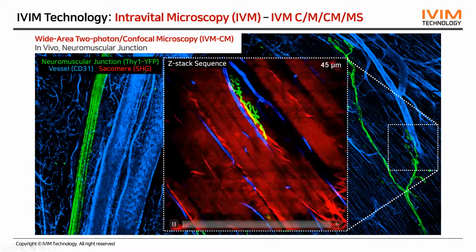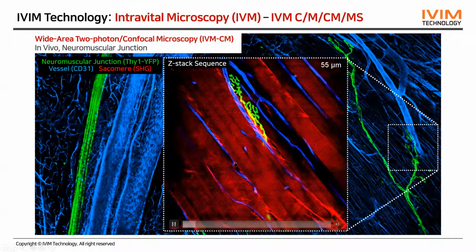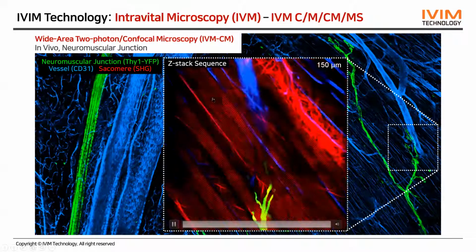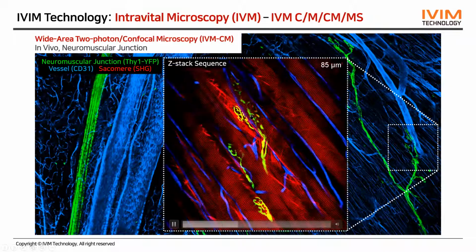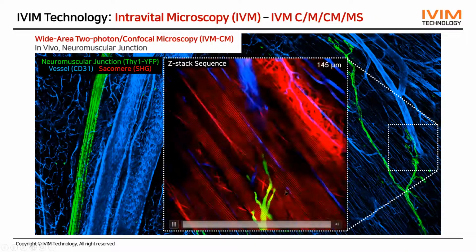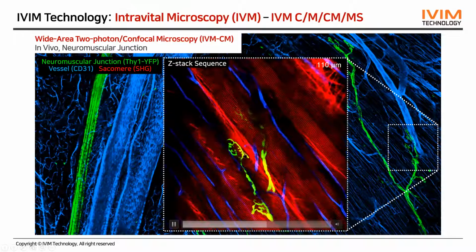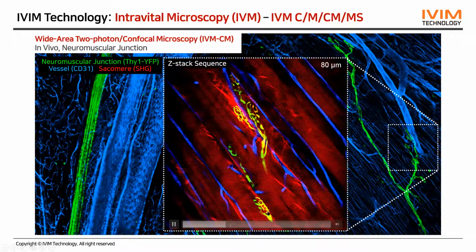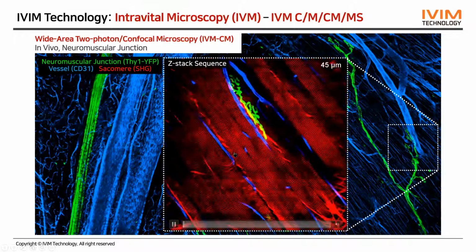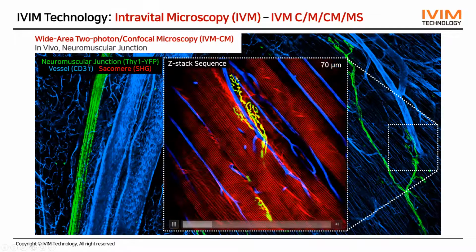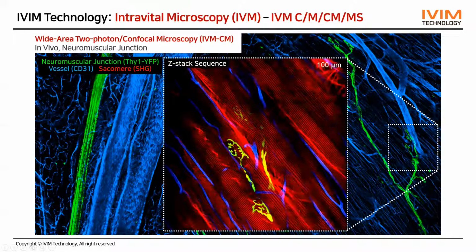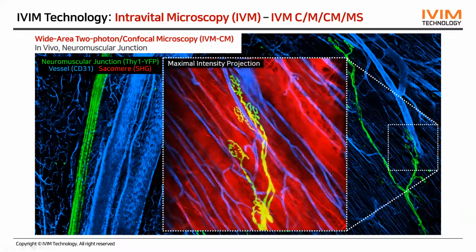The second harmonic generation signal is also generated from the myocyte sarcomeres, so this periodic structure is the sarcomere in the myocyte. So we can see the myocyte muscle, and we can see this green nerve, the neuromuscular junctions, with the nerve ending at the periphery in the muscle. At the same time, we can see the blood vessels as well, labeled by CD31 antibody conjugate. This is a maximum projection image, so you can clearly see the shape of the neuromuscular junction in vivo.